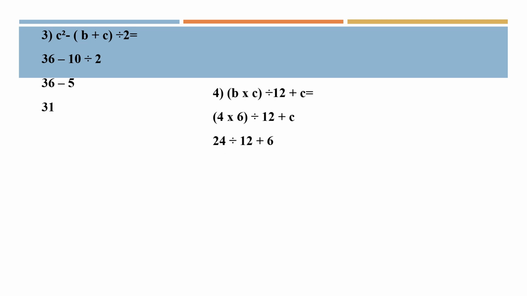Divided by 12 plus 6. Perform division and addition. 24 divided by 12 equals 2. Plus 6. Perform now addition. So the answer will be 2 plus 6 equals 8. Good.